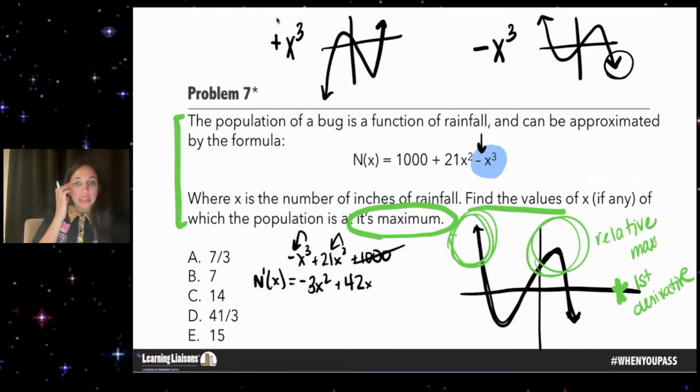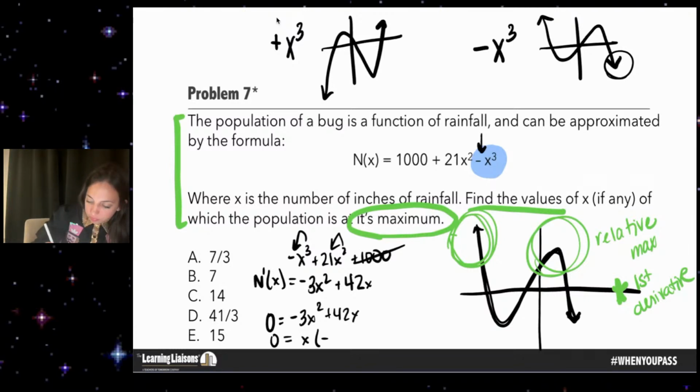So there it is. And then I'm going to set my first derivative equal to 0. And that's going to show me if I have a relative minimum or maximum. So 0 equals negative 3x squared plus 42x. Pull out the x, right? So x equals 0, and I'm going to finish this way up here.